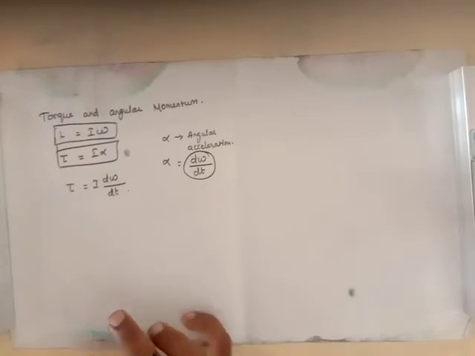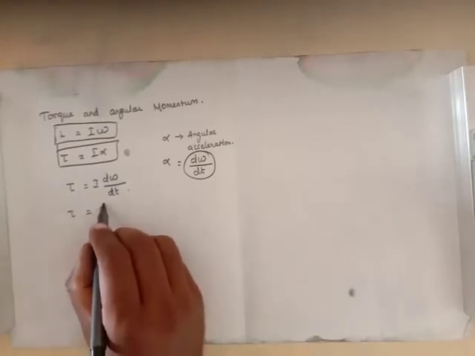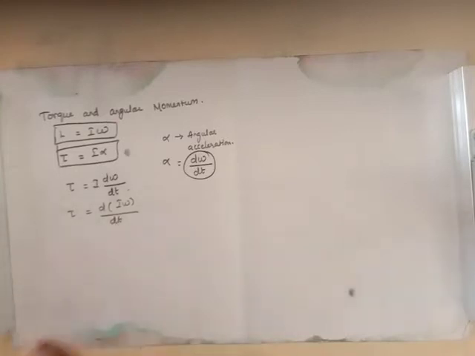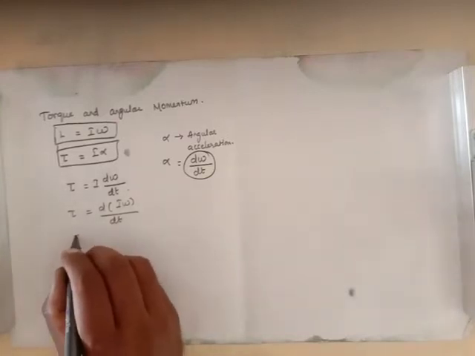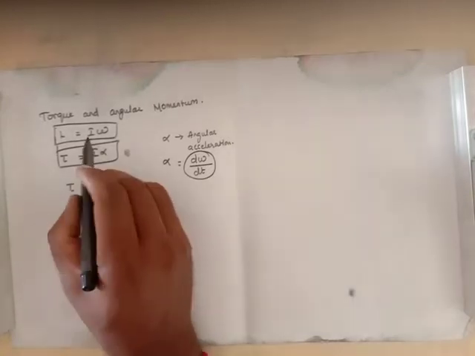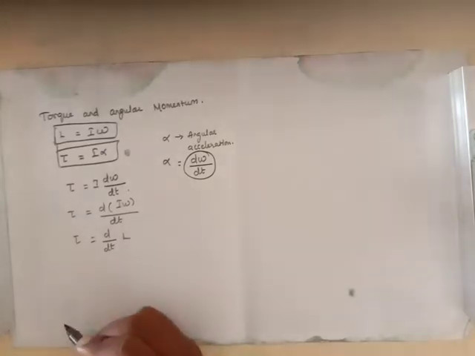In the next step, it can be written as tau is equal to d into I omega divided by dt. So tau is equal to d divided by dt into I omega. What is the value of I omega? That is equal to L, the angular momentum.